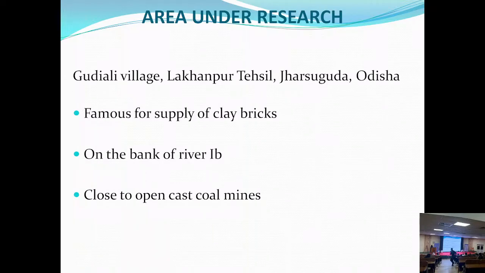My area under research is an area near Guriali village, Lakhanpur Tehsil, Jharsuguda, which is famous for supply of clay bricks. As it is on the bank of the River Ib, plenty of water is available, and as it is close to an open cast coal mine, coal is also plentifully available.